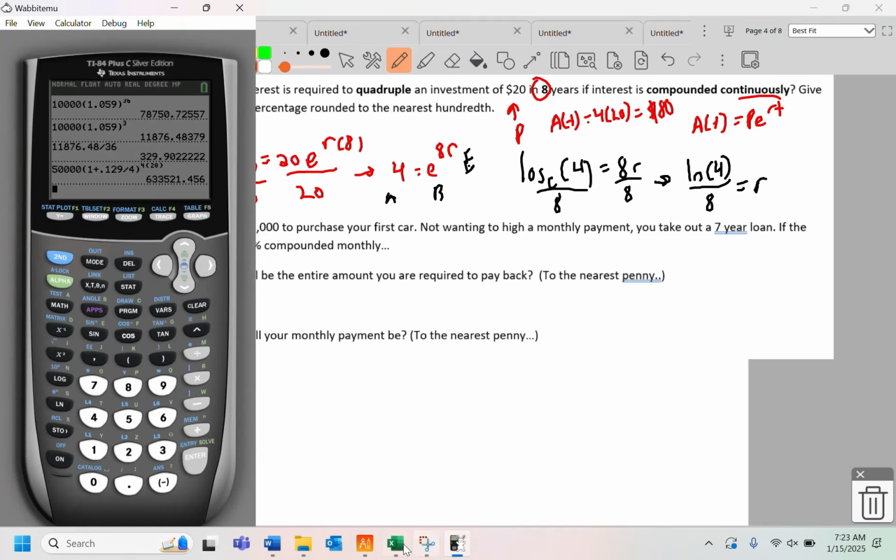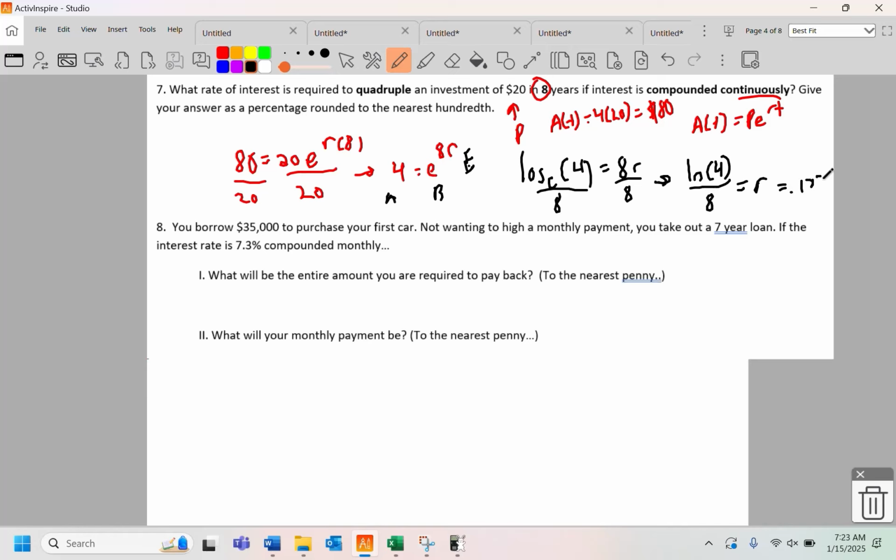So let's see what happens. So doing this by hand to some degree, I got 0.1733, which is 17.33% interest.